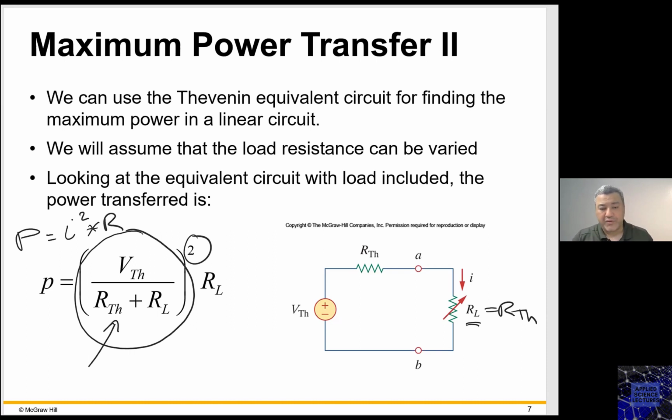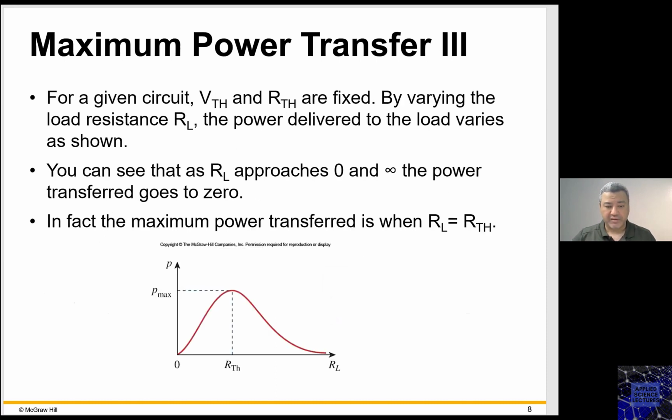Now, if you evaluate this relationship by sweeping the resistance at the load between 0 and infinity, you would get this response. At 0, if RL is 0, then the power delivered would be V Thevenin over R Thevenin plus RL times RL.